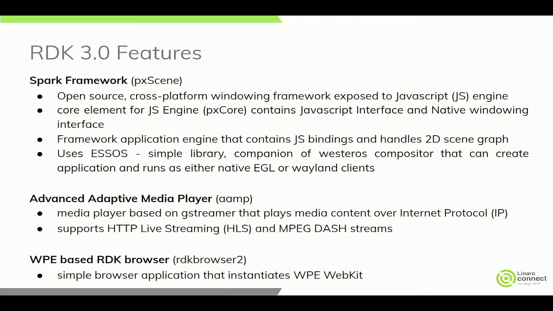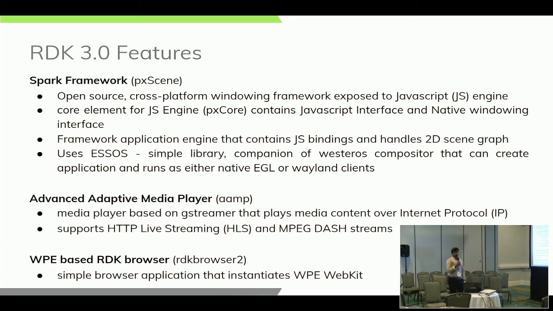So let's see the 3.0 features. As I said, the Spark framework is a cross-platform framework. It gives a windowing framework, and it has a 2D scene graph that is exposed to the JS engine. In the architecture, it has a core element that implements the JavaScript interface and native windowing interfaces.